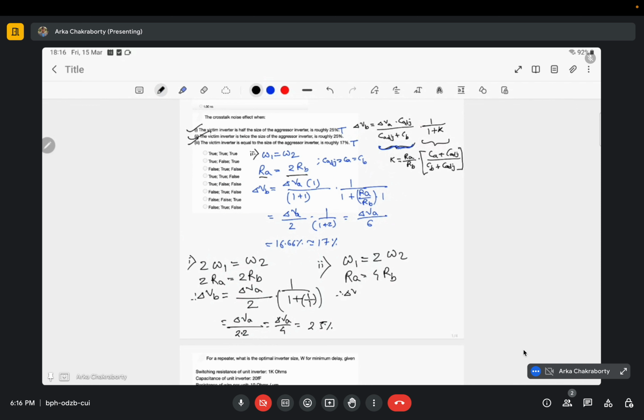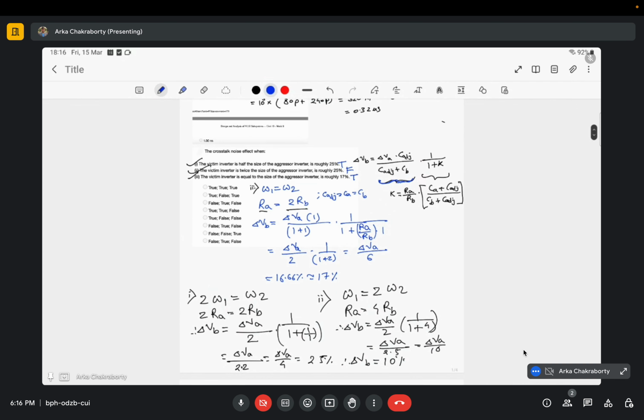Therefore delta VB would be delta VA by 2, 1 by (1 plus RA by RB). RA by RB is 4, so it would become delta VA by 2 into 5, which is 10. Therefore delta VB is 10%. Here it is given as 25%, so it's false. Correct?